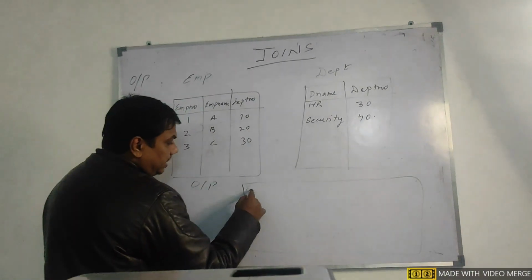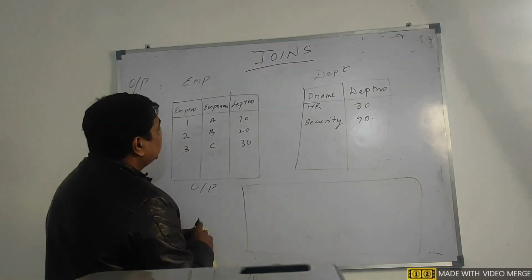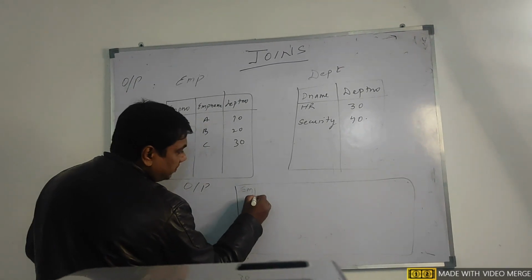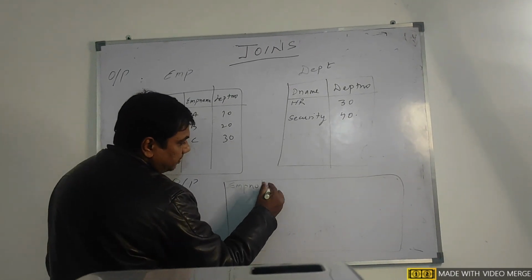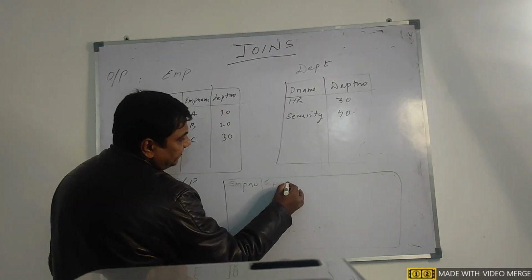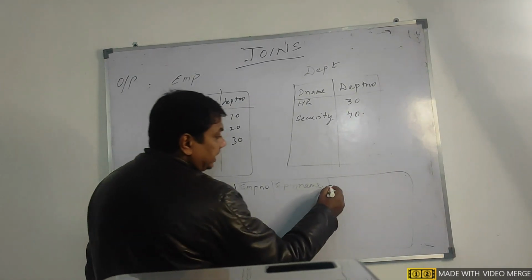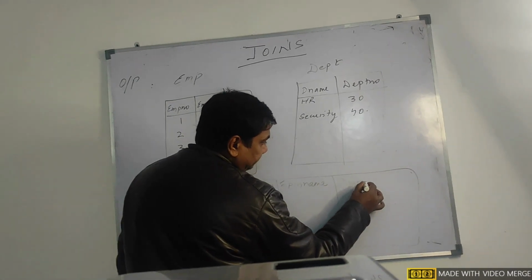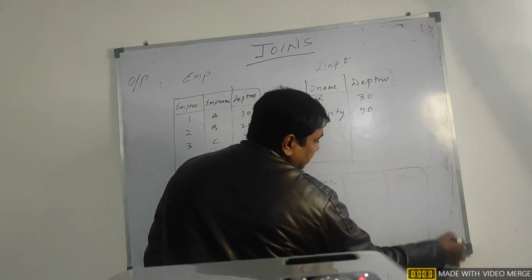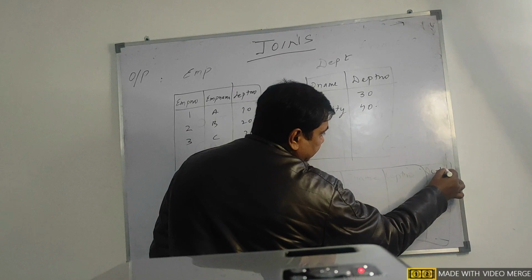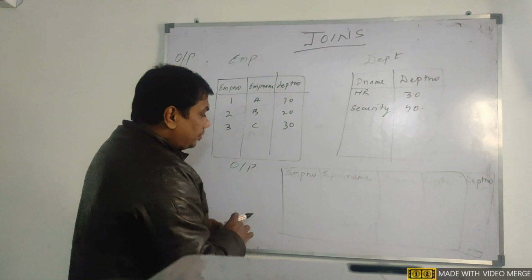Which are the columns? The first column will be nothing but your employee number, then employee name, then department name, then department number, and department number.